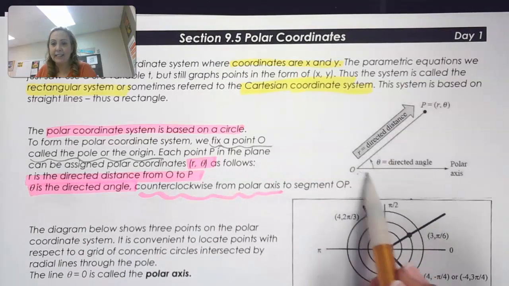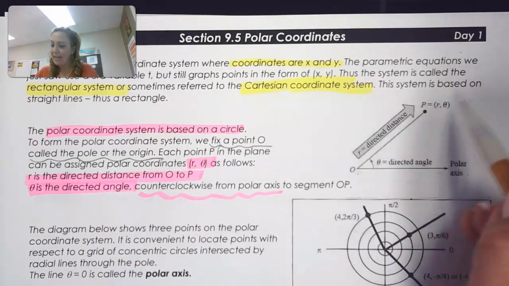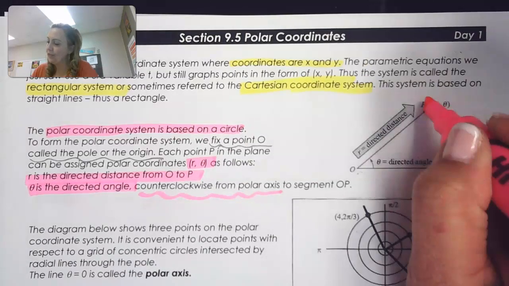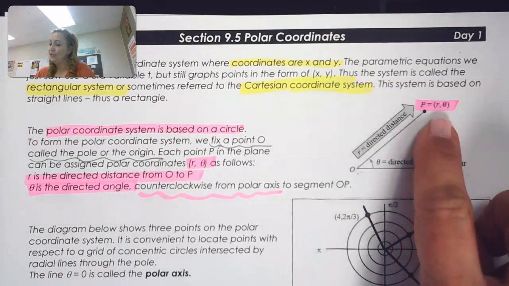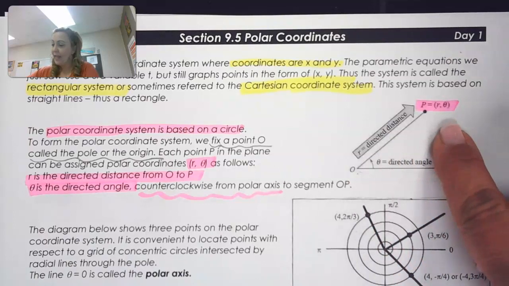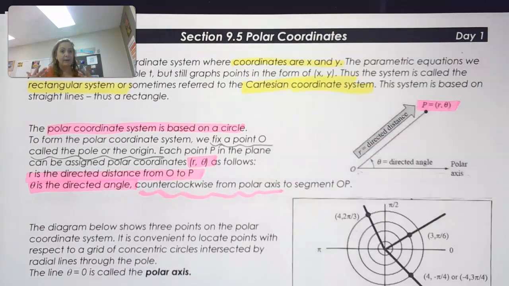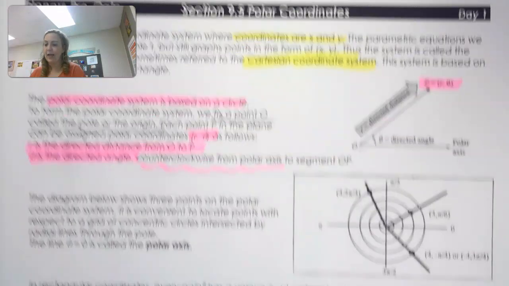Notice our polar axis is like our positive x-axis. And so to find something in the polar coordinate system, we denote that as r, which is that specific distance, comma, theta, which is that angle. Again, think about it from the positive x-axis, okay?